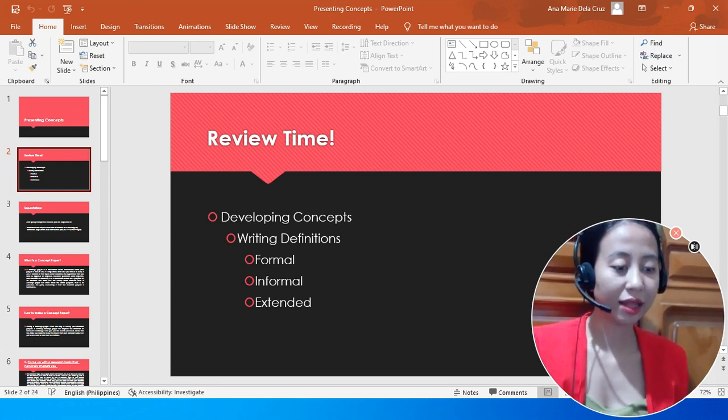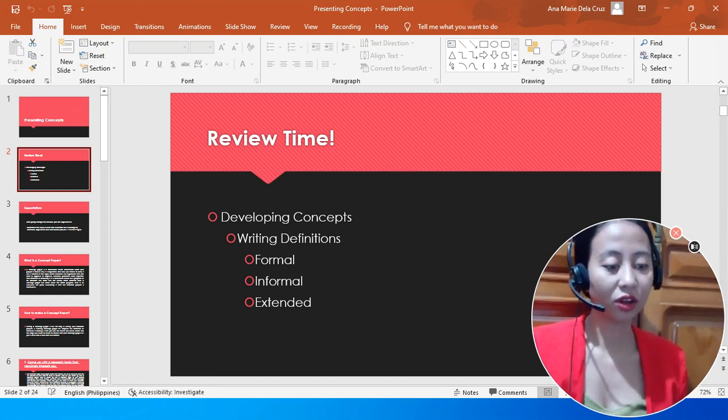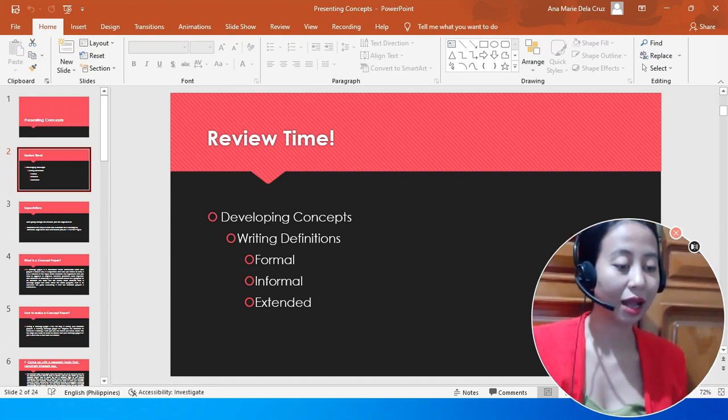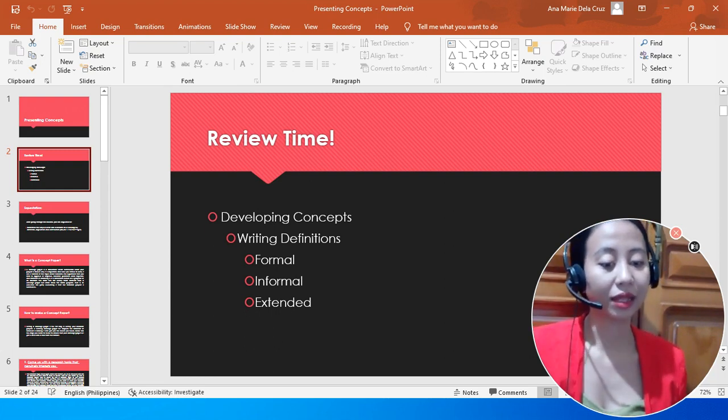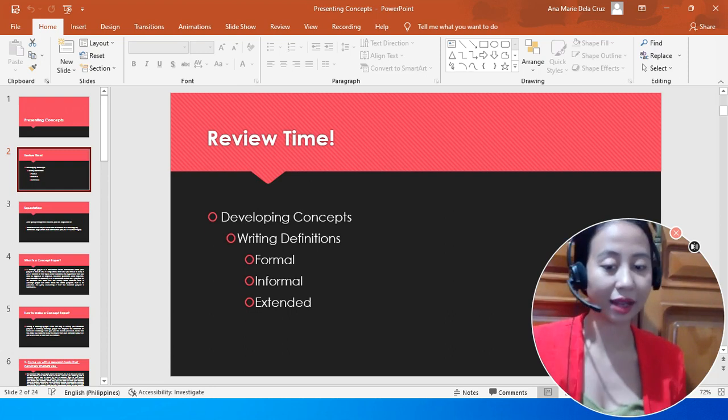Formal has the term, the class, and distinguishing features or characteristics. Informal only gives the term and the class. And lastly, extended is the definition using paragraphs, giving examples, not just the class and the features, but the characteristics, the quantities, the qualities. Those are the three ways of writing definitions in order to develop a concept.